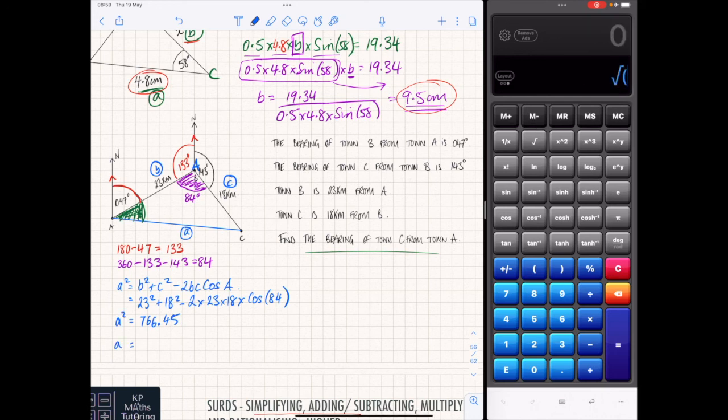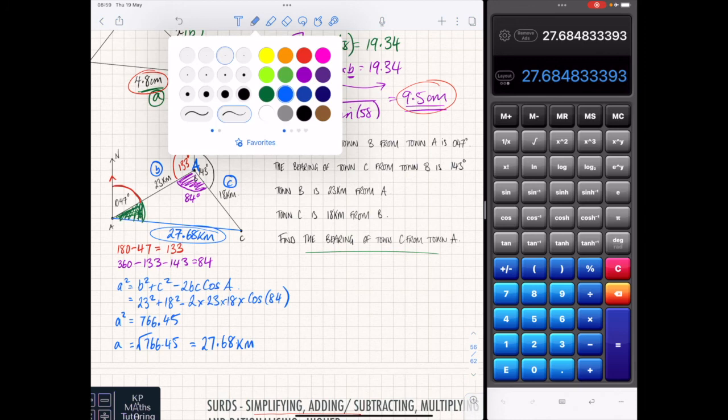So square root of 766.45, and I get an answer of 27.68. So what we're saying is this distance here is 27.68 kilometers.